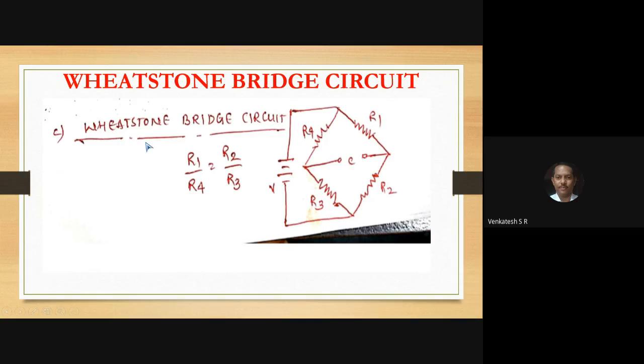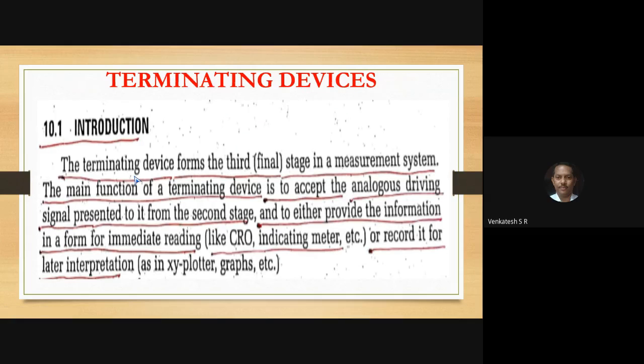You will clearly understand the working of the Wheatstone bridge circuit while studying the measurement of strain in case of axial strain, bending strain, and torsional strain. Next, come to the point.